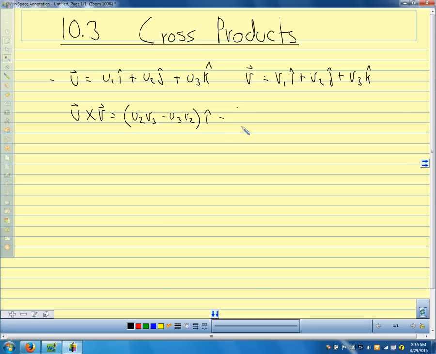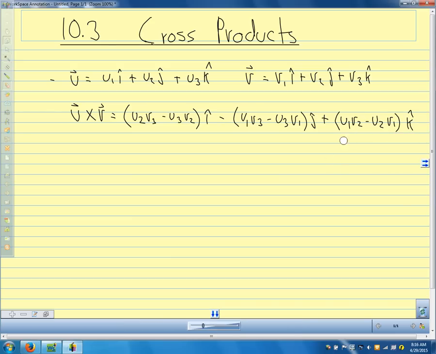minus u1 v3 minus u3 v1 j hat plus u1 v2 minus u2 v1 k hat.